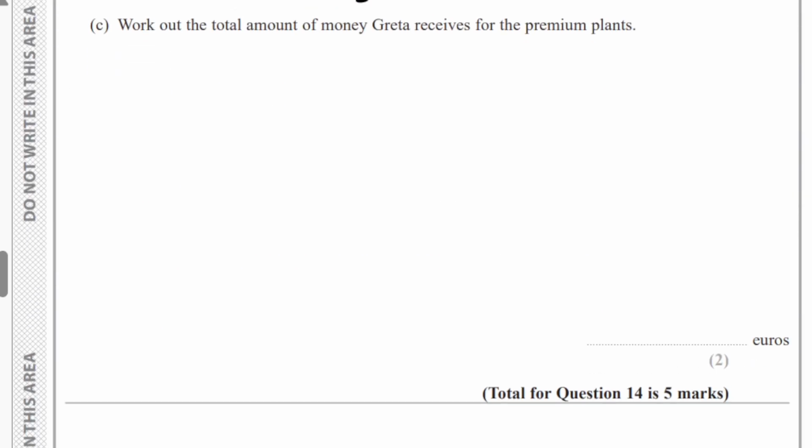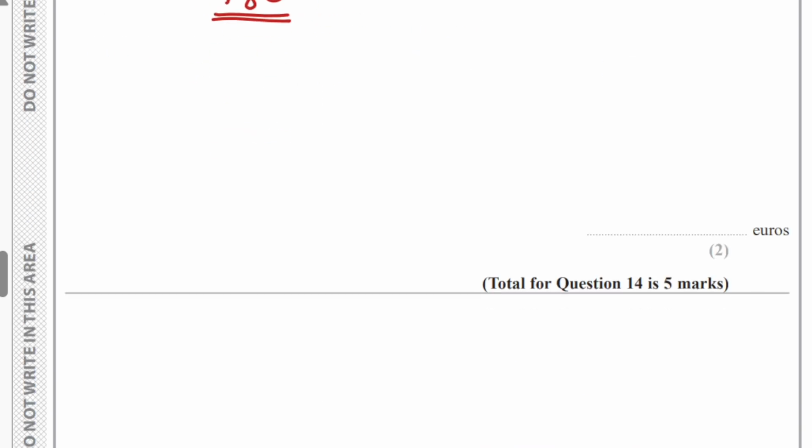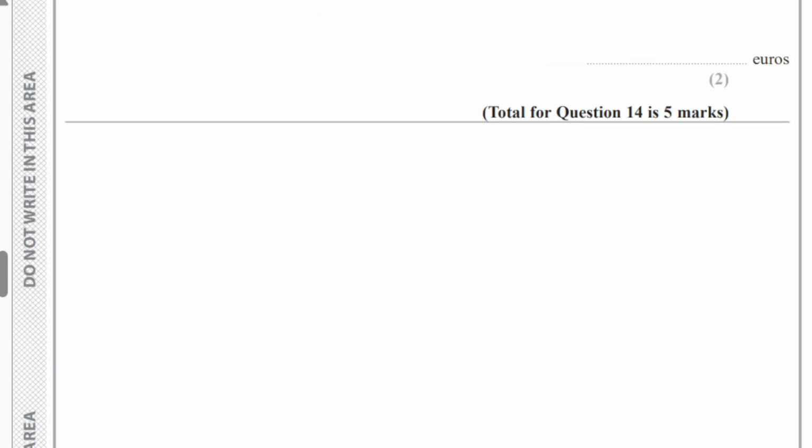So we will now do 6 times 30, because each one is sold for 30 euros. 6 times 3 is 18. Bring this nice 0, and that's your answer. So it's just 180 euros, and that's 5 marks.